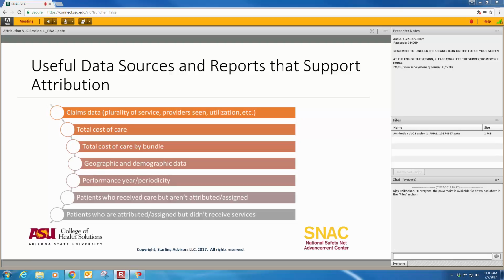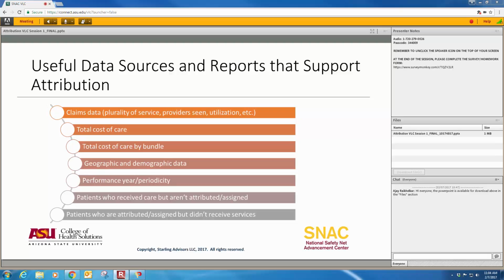It's also used to derive the next two, which are total cost of care and total cost of care by bundle. Total cost of care is a more inclusive measure, looking across the full set of benefits that a patient is eligible for and received. Total cost of care by bundle looks more narrowly at the total cost of the care that a patient received for a specific set of services within a specific time window.